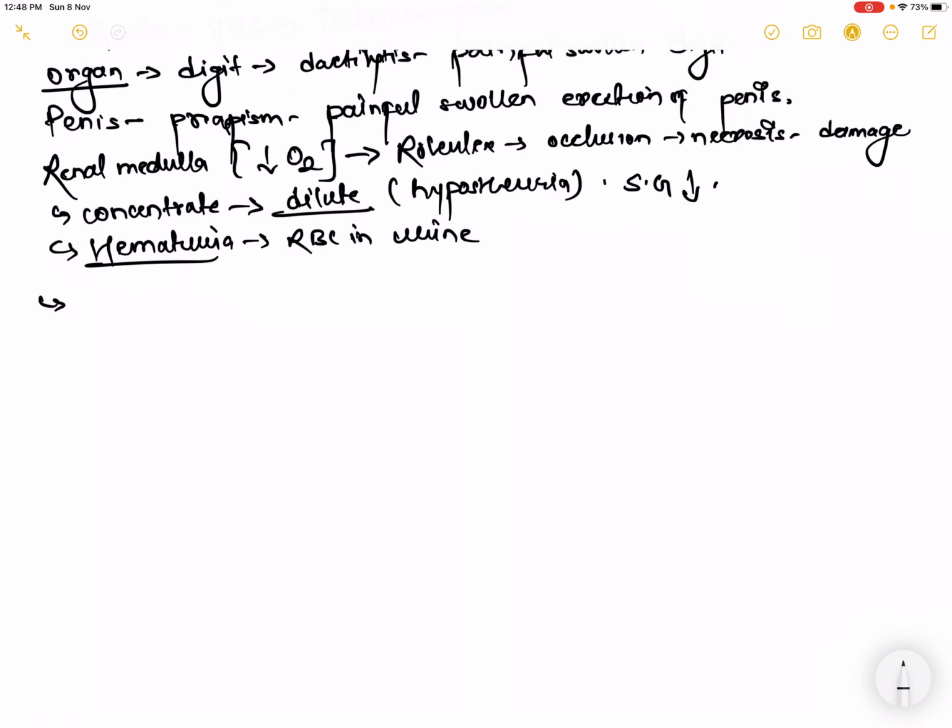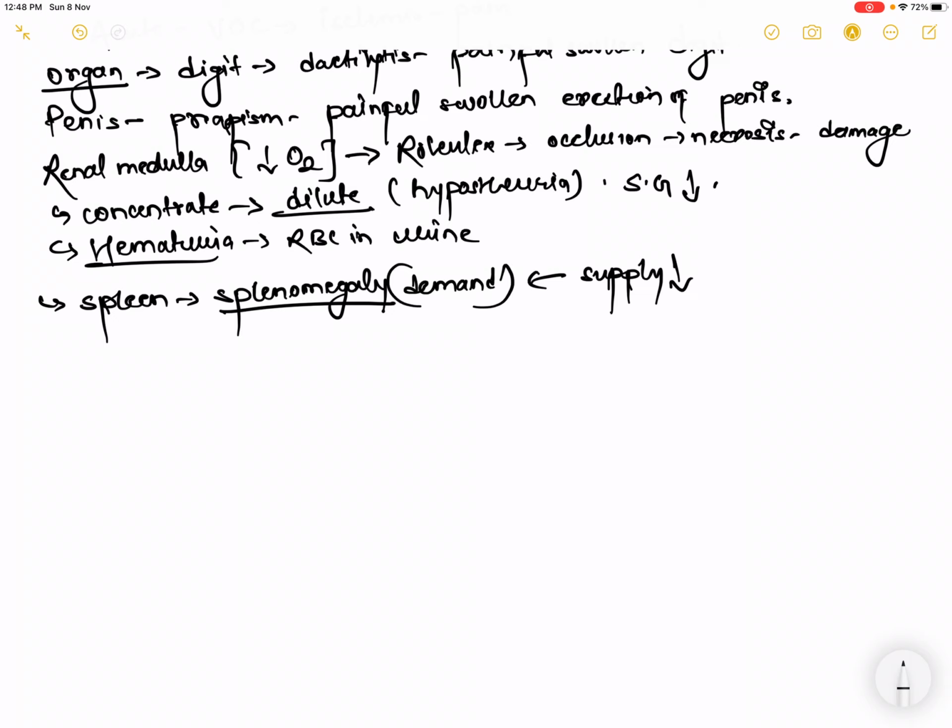The next place where vaso-occlusion can happen is the spleen itself. When vaso-occlusion happens in the spleen, first there is usually splenomegaly. So when there is splenomegaly, the blood supply demand has already increased. But once again, if the supply decreases due to occlusion, same as in myocardial infarction, then there is ischemia and infarction, leading to a phenomenon known as autosplenectomy.